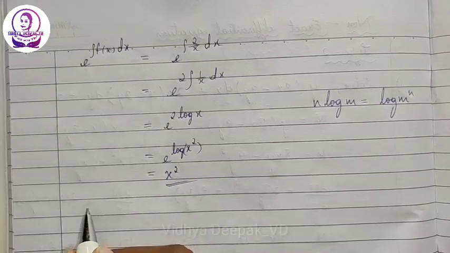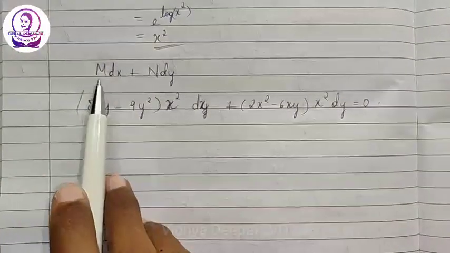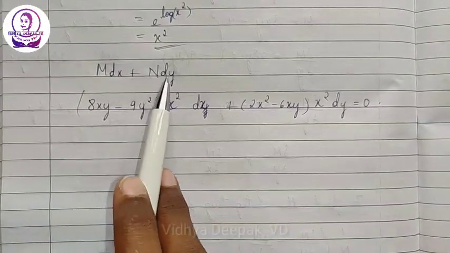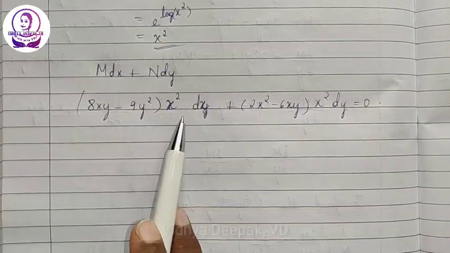Now we know that our question is in the form M dx + N dy. Our question was (8xy − 9y²) dx plus the N term dy.